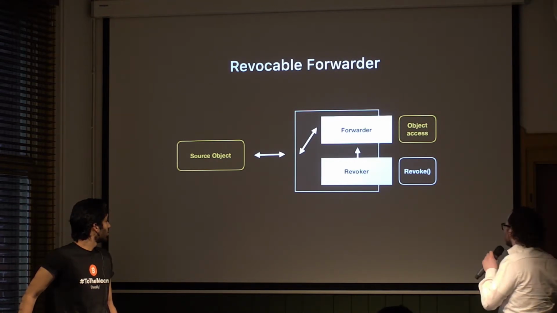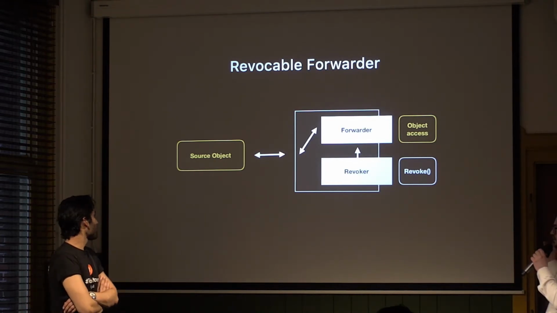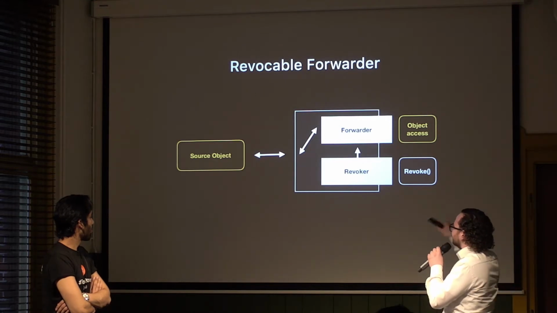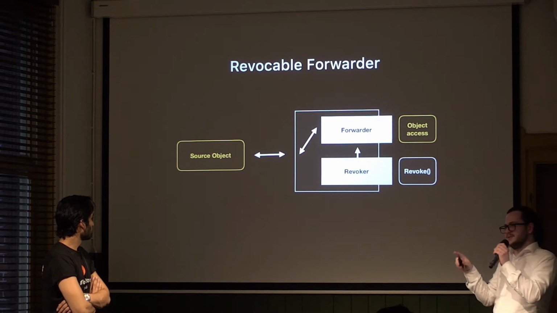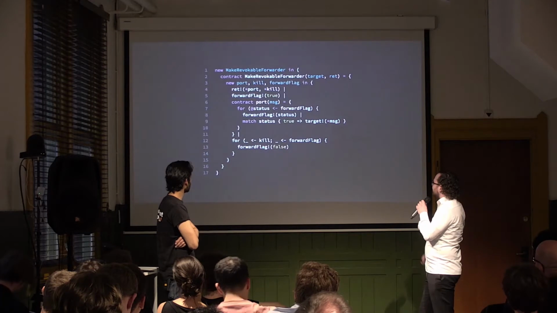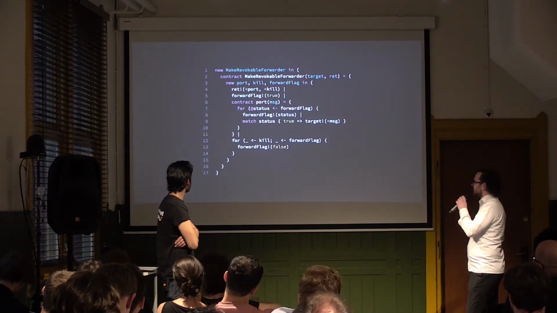You could compare this to trying to sign in to Spotify with your Facebook account. Once you do that, Spotify gets access to your Facebook account, but only until you click the revoke button in your Facebook settings. And it's actually pretty easy to implement something like that in Rholang. It's only 17 lines.